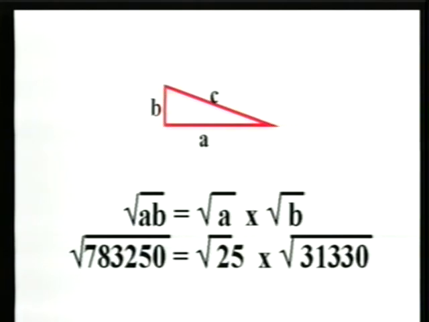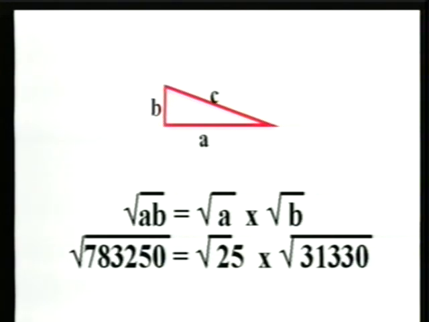The way we came up with that was we looked at the number 783,250 and determined what perfect square we could find that is a factor of the 783,250.